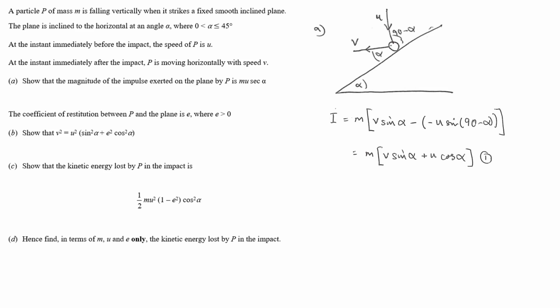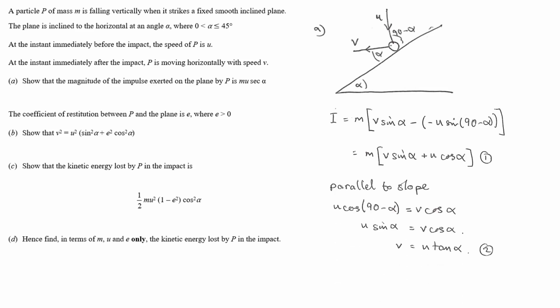So mv take away mu, and the m's being factorized out, and I just simplified that. Remember, sine of 90 minus alpha is equal to cos alpha. And you know that that's 90 minus alpha by just using a bit of geometry, because if it's going to fall vertically down and move off horizontally, the angle between the two velocities there is going to be 90 degrees. So that was going to be 90 minus alpha.